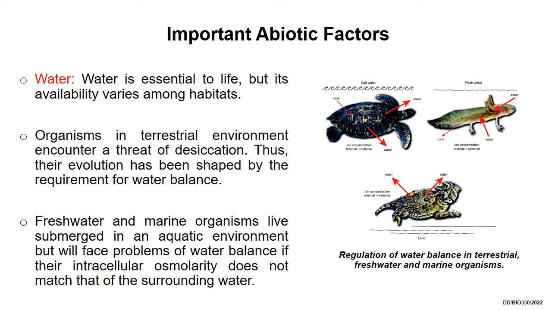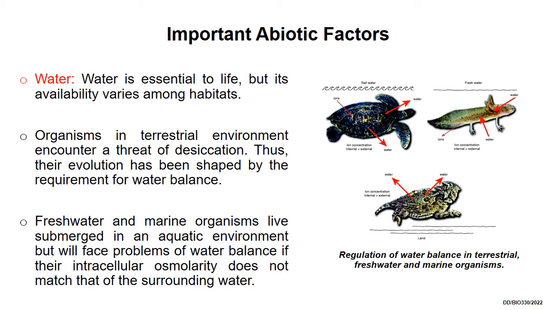The next abiotic factor, water. We know that water is essential to life, but its availability varies among habitats. Some habitats lack water, others may have too much.